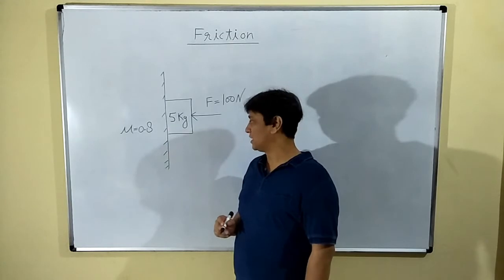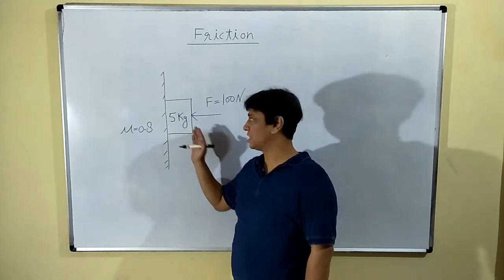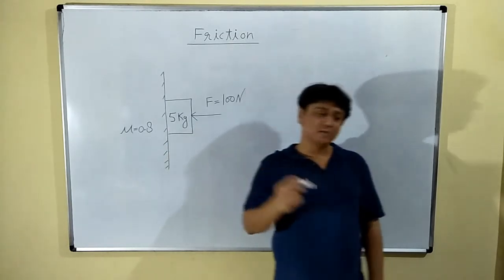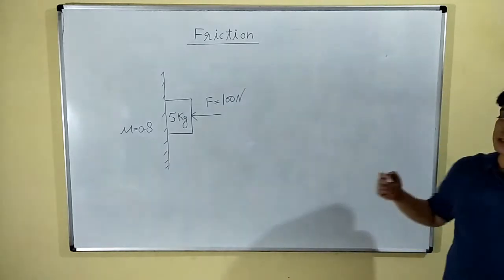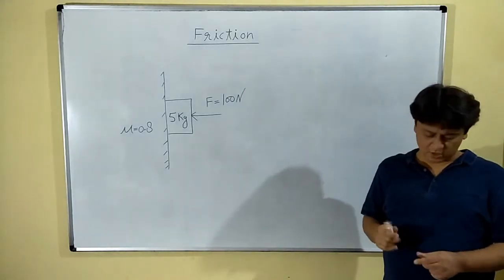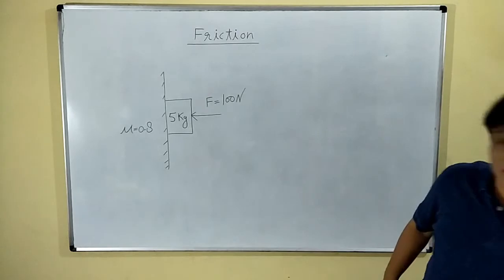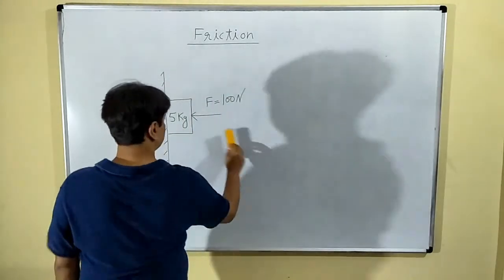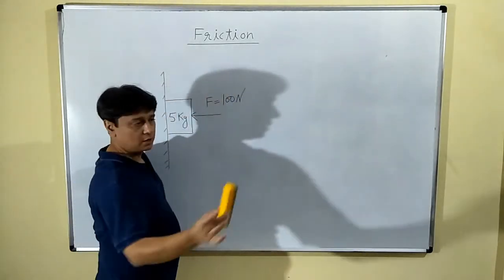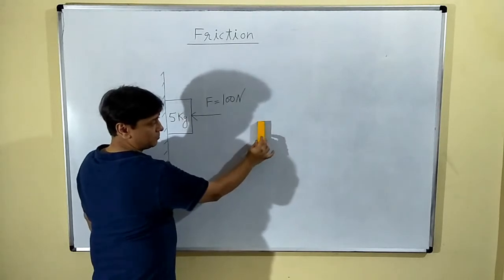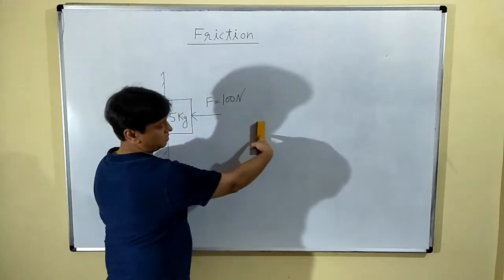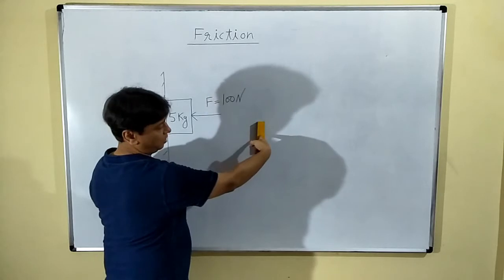The question is, we need to find Fr, the friction which is acting on the body. Second part, whether this body is moving or not. The whole thing is similar to this. Let's say this is the vertical wall, that's the block, and I'm trying to push this block against this vertical wall.